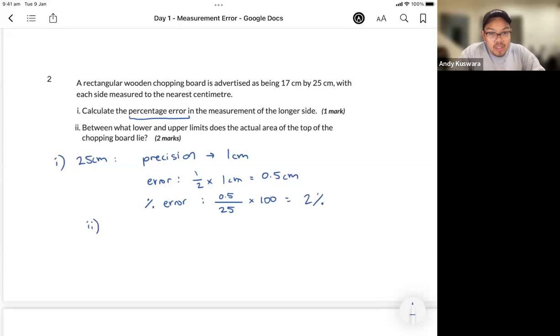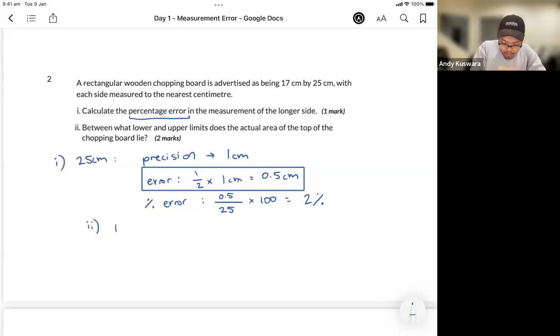Part two says between what lower and upper limits does the actual area of the top of the chopping board lie? Just remember, I already know my error is 0.5 centimeters, and it's talking about lower and upper limits.